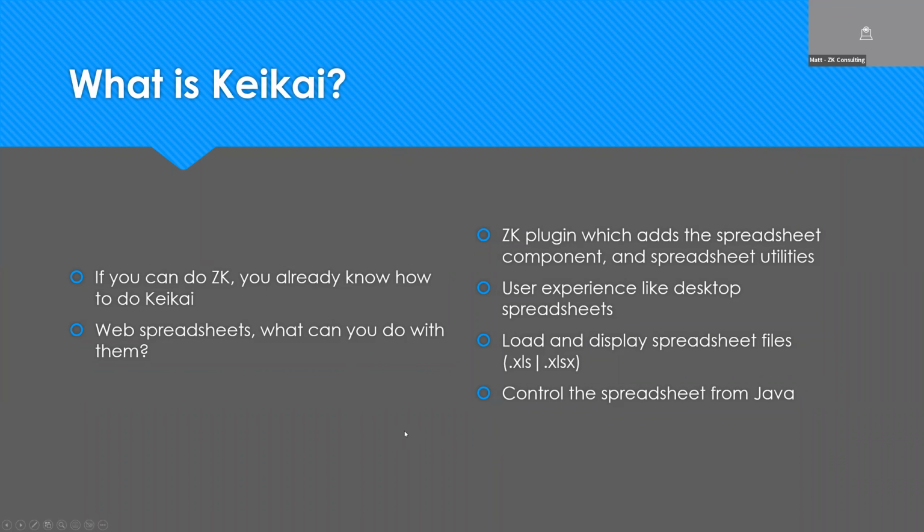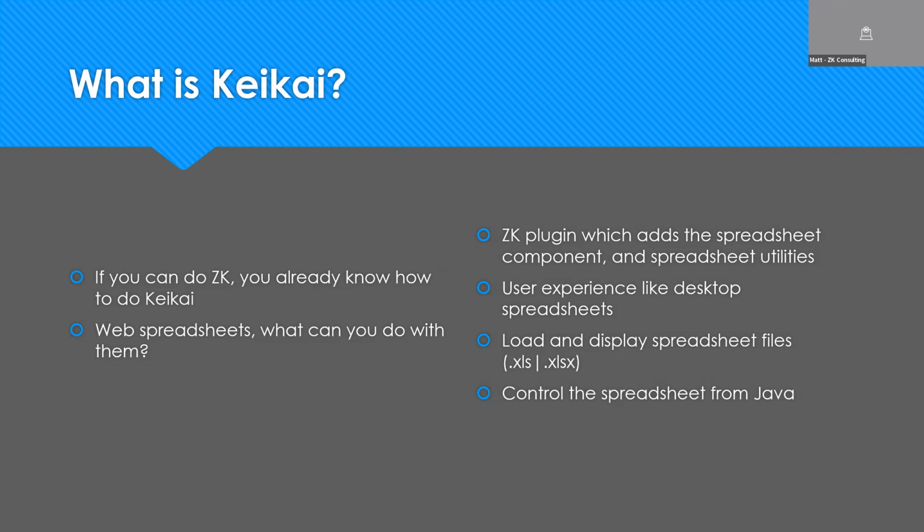The last thing you need to know about Keikai is that Keikai basically is a ZK component. It's just a larger project, so it doesn't fit neatly as one of the components in default ZK. As a result, it's being published as a separate library that you can either add or not add depending on your need.